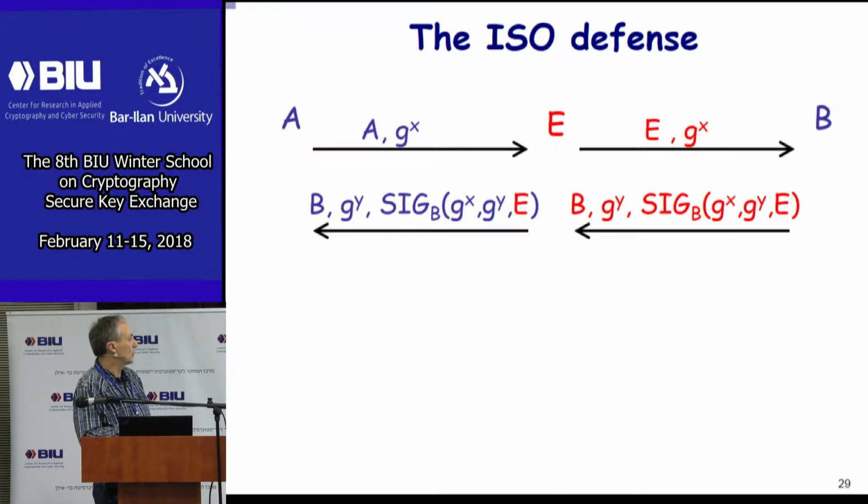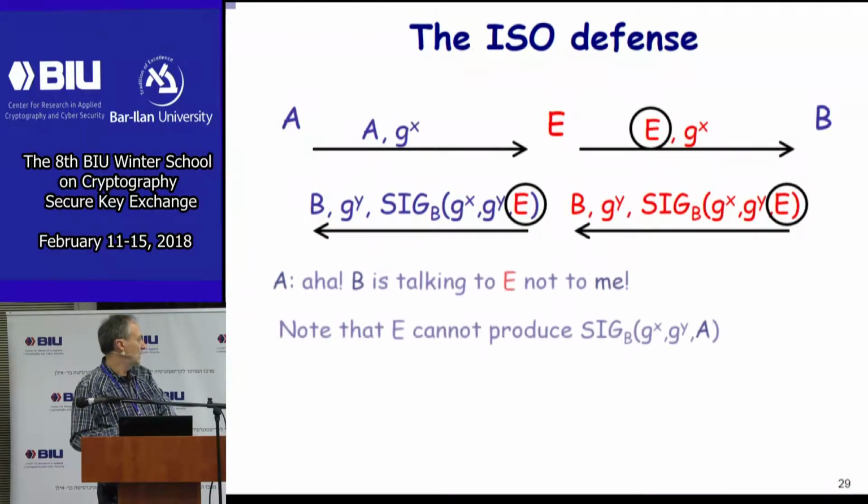And the other option for Eve is to take the signature and sign it with A here and G to the X here, but that would mean being able to sign instead of Bob, and that she cannot do. So this actually solves the attack by putting the name of Eve.